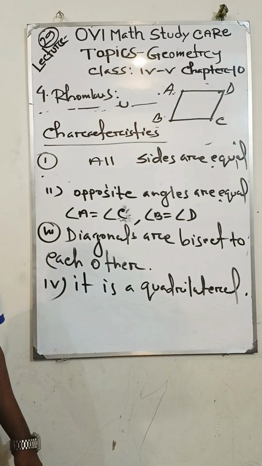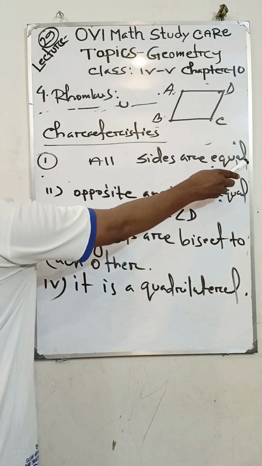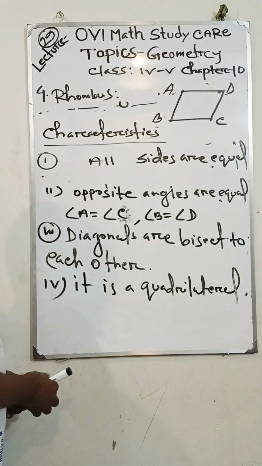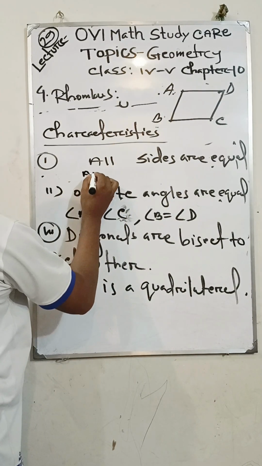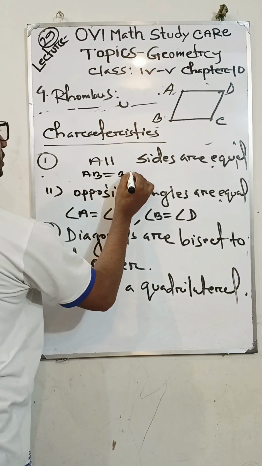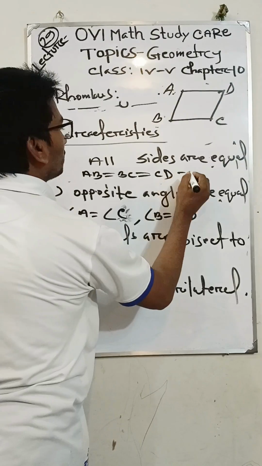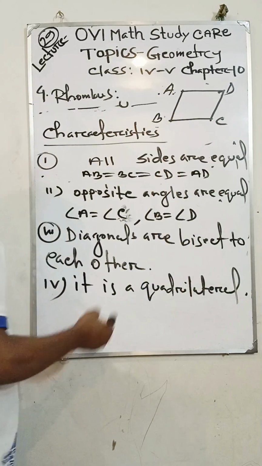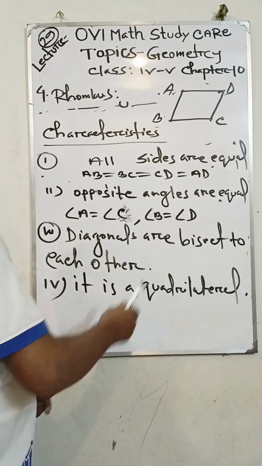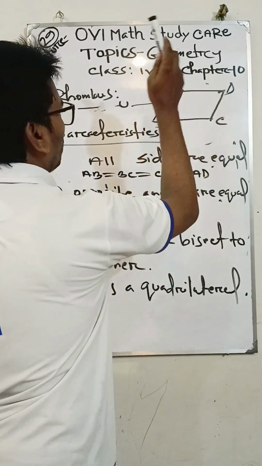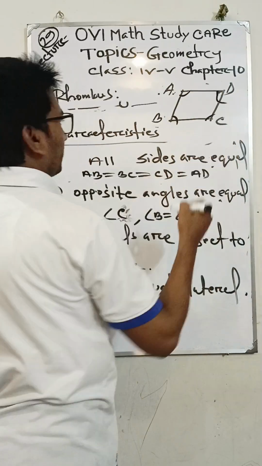The characteristic of a rhombus: all sides are equal, that means sides AB equals BC equals CD equals AD. All sides are equal. Opposite angles are equal. In the same way, angle A equals angle C, angle B equals angle D. Opposite angles are equal.